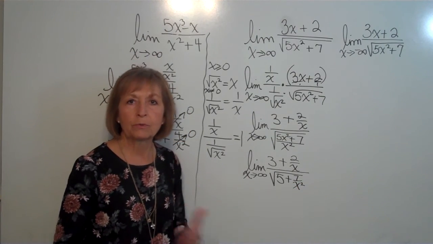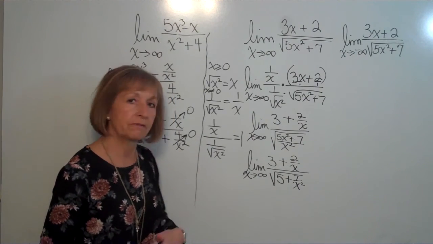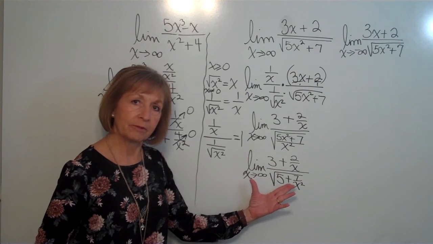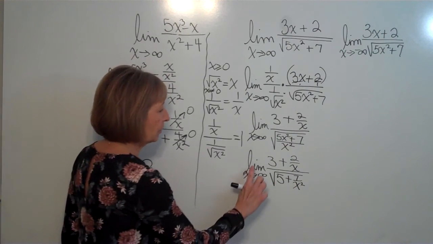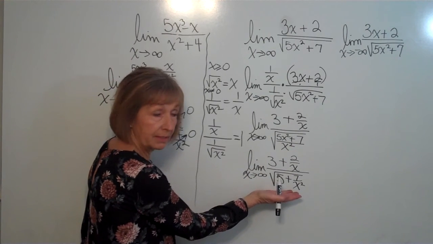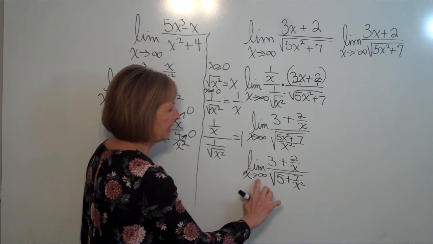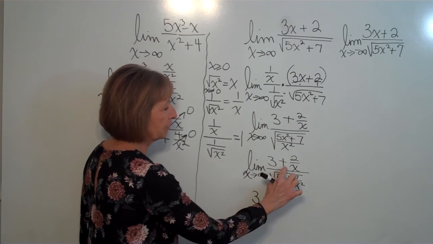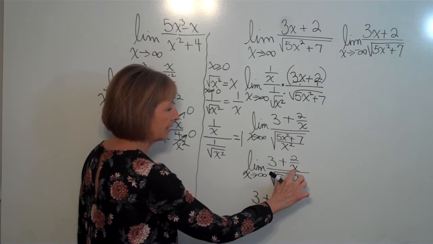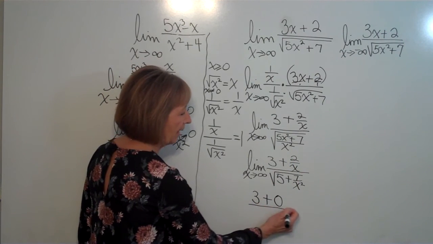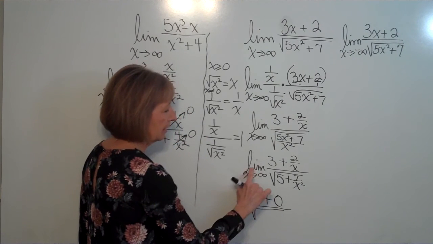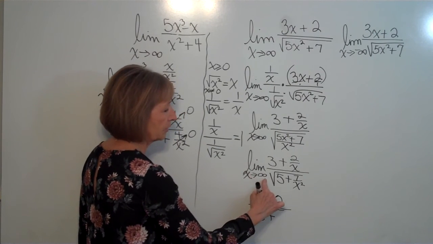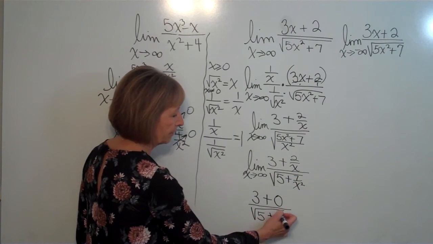And now I can use those building block limits as x approaches infinity or x approaches negative infinity on this resulting simplified expression. So the limit of a quotient is a quotient of the limits. And I have the limit as x approaches infinity of 3 is 3, plus the limit as x approaches infinity of 2 over x, that goes to 0, divided by the square root of the limit as x approaches infinity of 5 is 5, plus the limit as x approaches infinity of 7 over x squared goes off to 0.